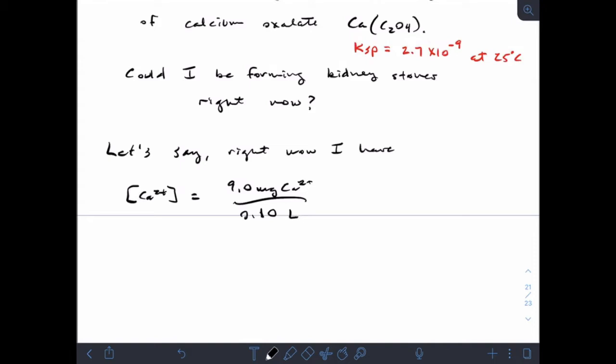In order to do our problems, the Ksp is related to molarity, so we need to convert that to molarity. We have 1 mole of calcium 2 plus is 40 grams. So my molar concentration of calcium is 2.2 times 10 to the minus 3.